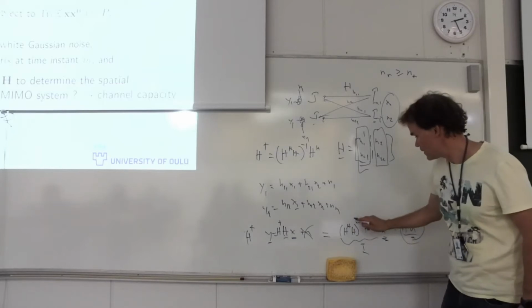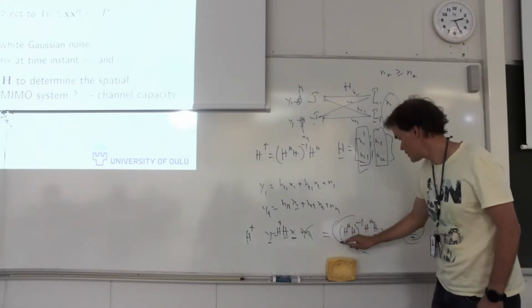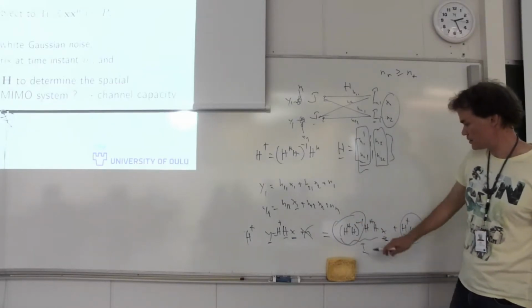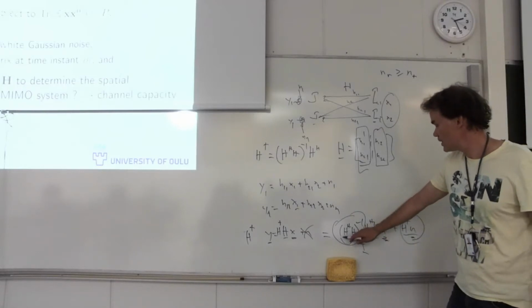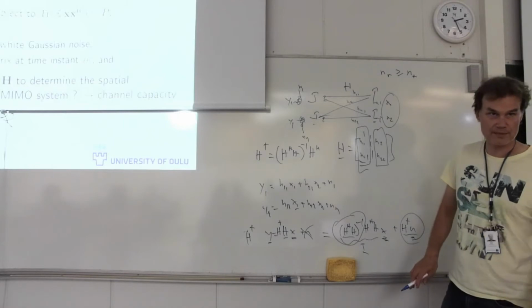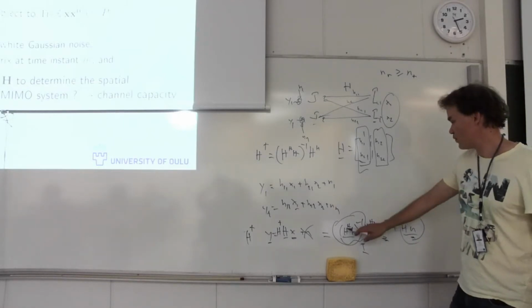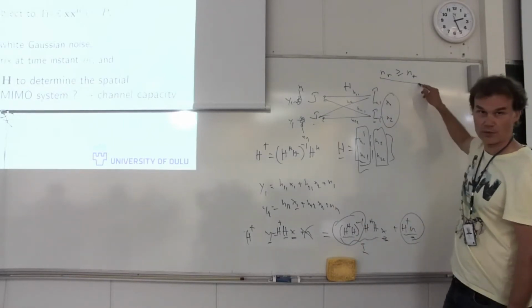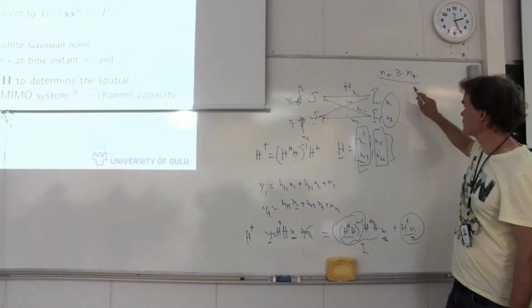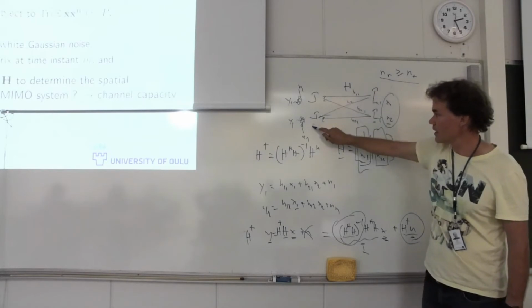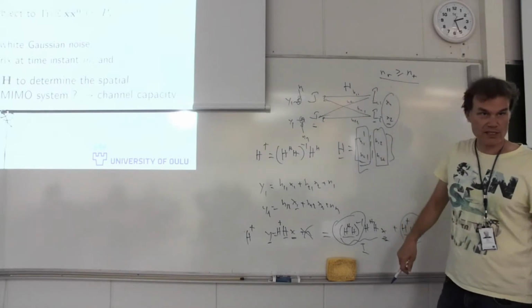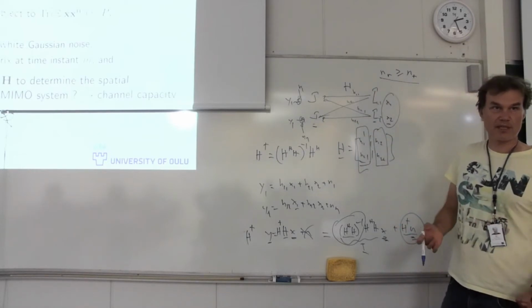You can see from here, this inverse has to exist, right? Meaning that H Hermitian H has to be full rank. It's full rank only if this condition holds. If we are transmitting more streams than we have receive antennas, we have an interference limited case.